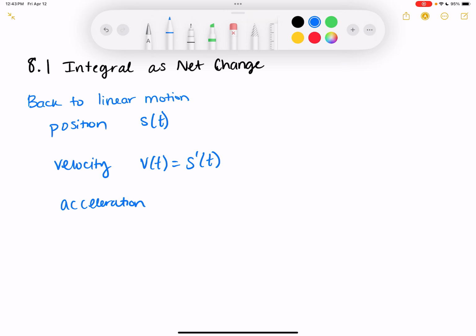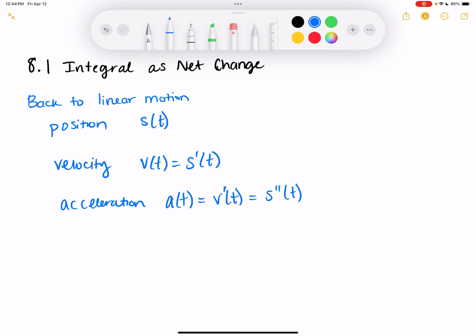And how did we get to acceleration? Second derivative. So a of t is equal to the derivative of v of t, which is the second derivative of position, so s double prime of t.